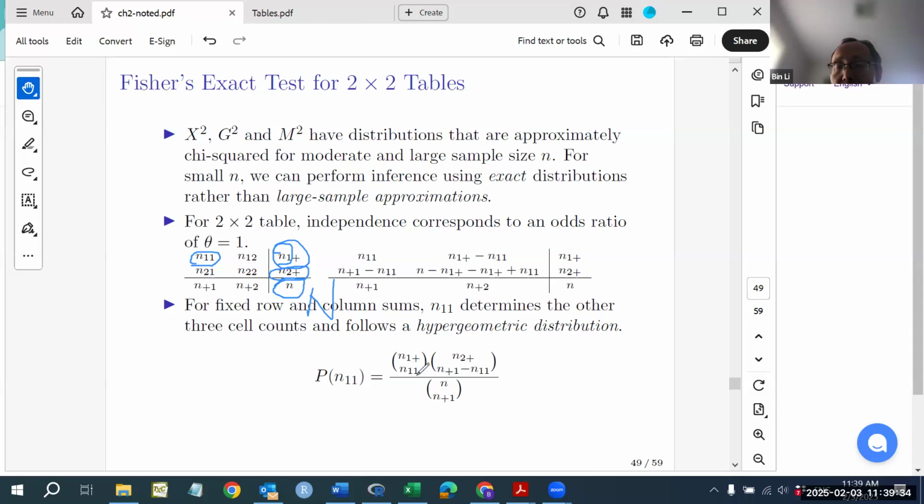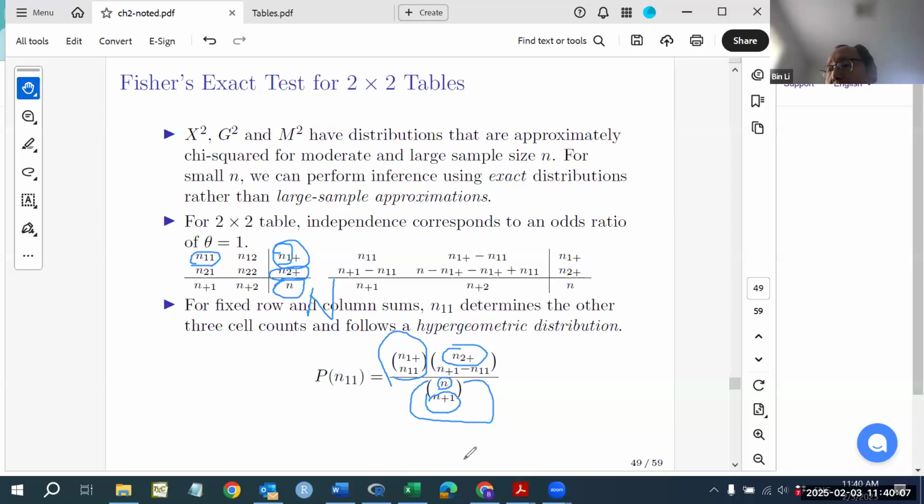N1+ choose N11: that's the number of ways we can get N11 successes out of the N1+, the total number of successes or red balls, right? And this is the total number of failures from the population, and this is the number of failures we choose from the sample, over N choose the sample size, the population size and the sample size.